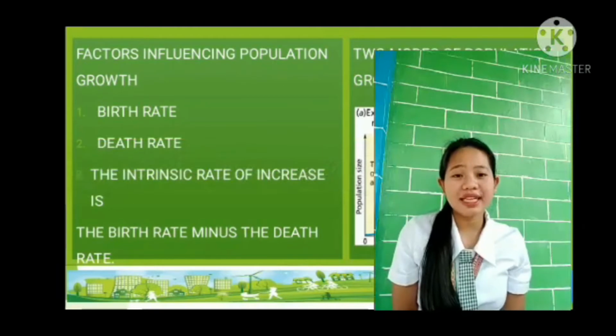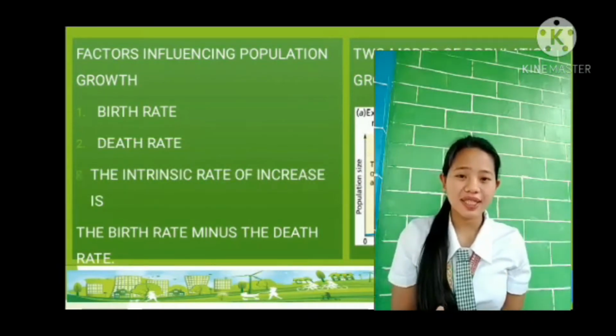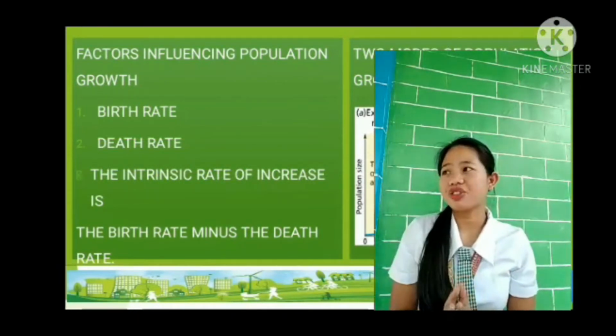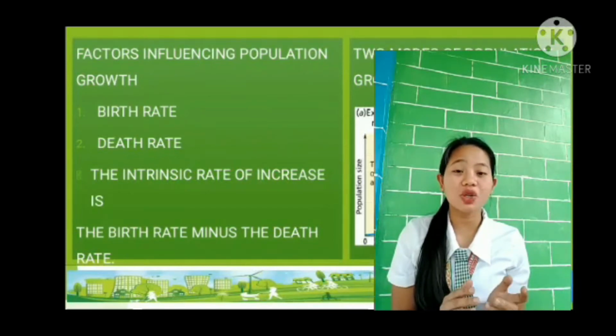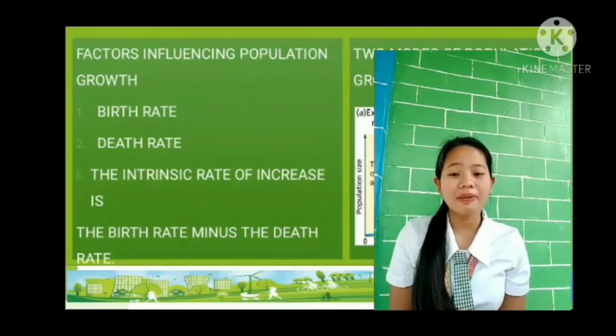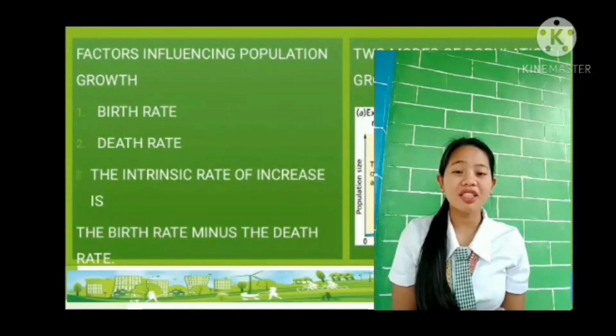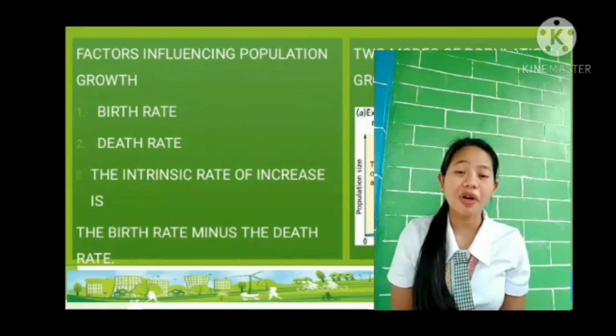Let's proceed to the discussion of the factors influencing population growth. Nearly all populations will tend to grow exponentially as long as resources are available or unlimited. Most populations expand at an exponential rate because of reproduction.